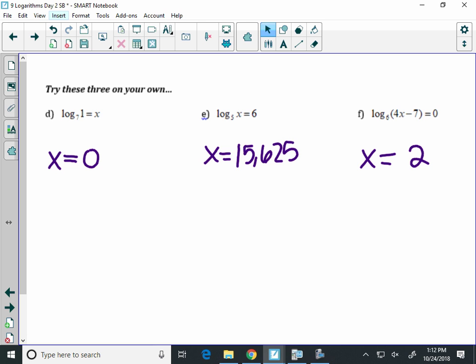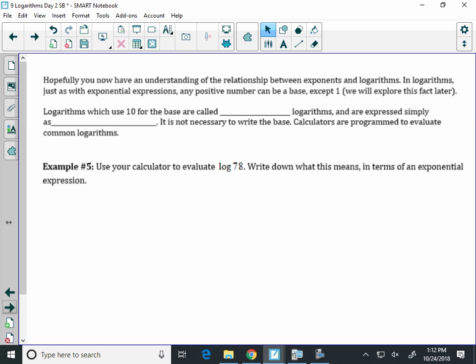Okay. All right, let's learn about our calculator stuff real quick. There are actually 2 kinds of logarithms. And yes, you are going to have to know the difference, and you're going to use them in different places. We'll start to figure that out tomorrow. So logarithms, there are 2 kinds. One of them uses 10 as the base.